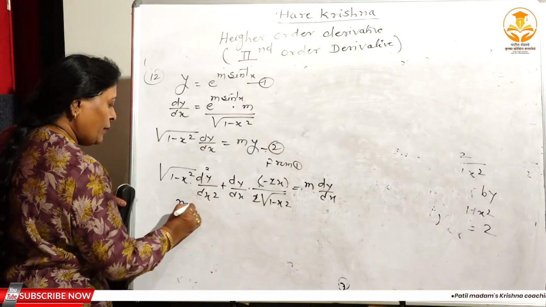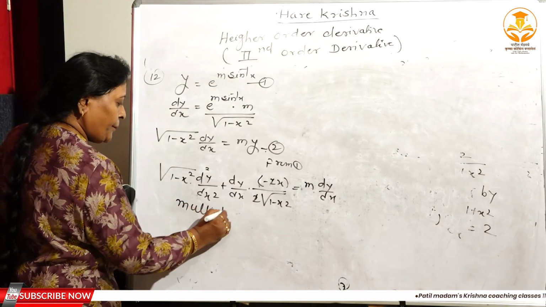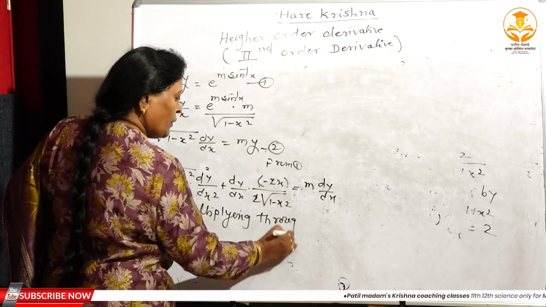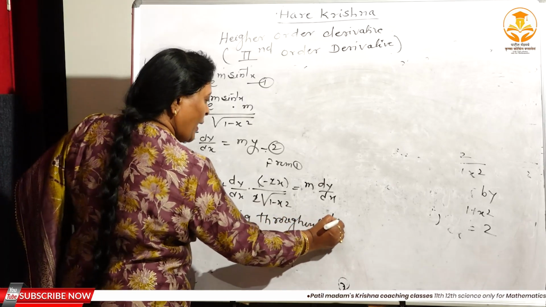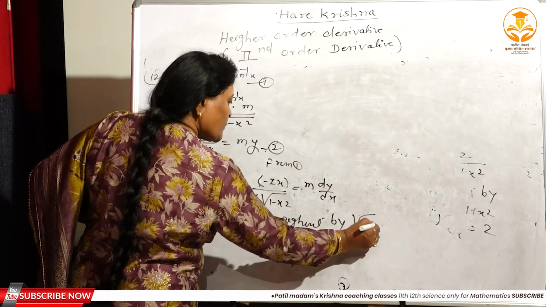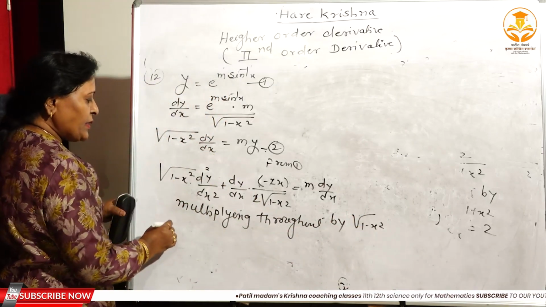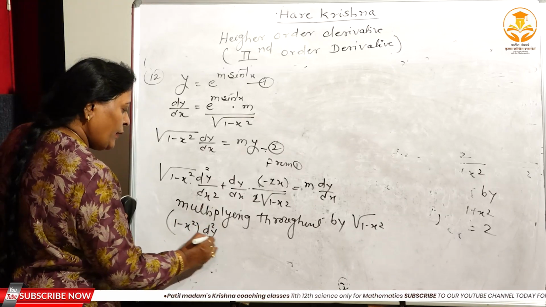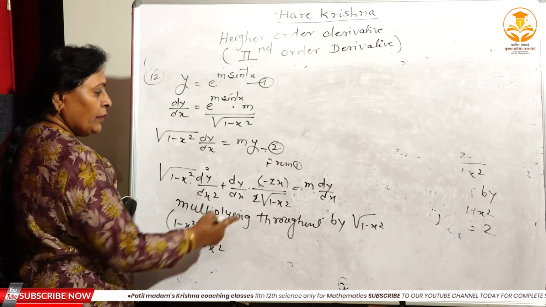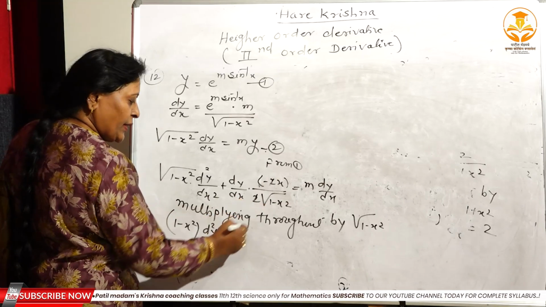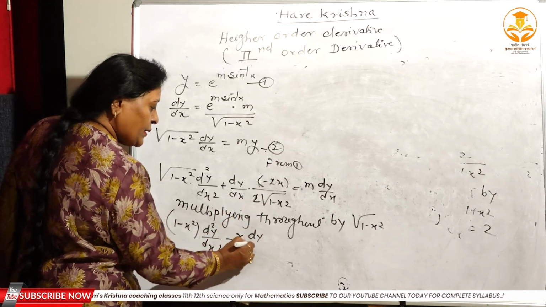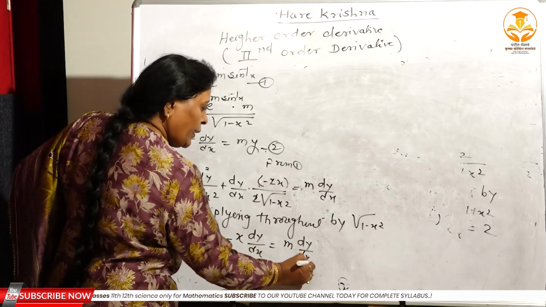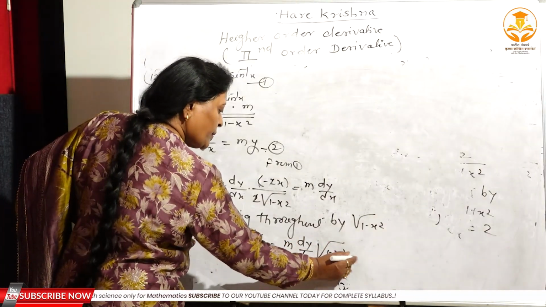You have to multiply throughout by root of 1 minus x square. Root of 1 minus x square times root of 1 minus x square gives 1 minus x square, d2y divided by dx square. Root of 1 minus x square gets cancelled, minus x dy by dx. And here again m dy by dx into root of 1 minus x square.